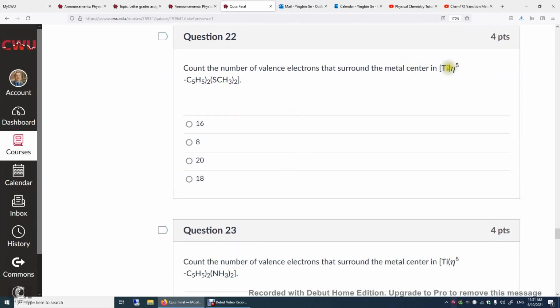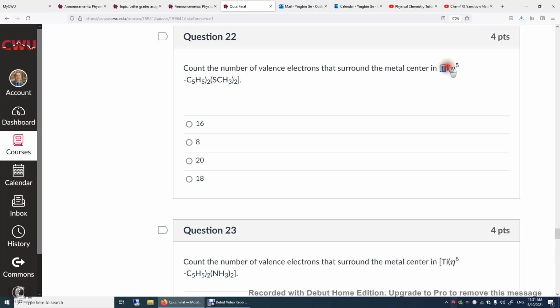Count the number of valence electrons here. Over here, this is considered cyclopentadienyl anion with -1 charge. Each C5H5 ring contains 6 pi electrons. And over here, this is also considered anionic with -1 charge.